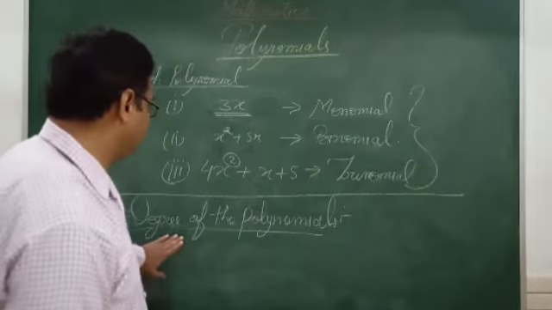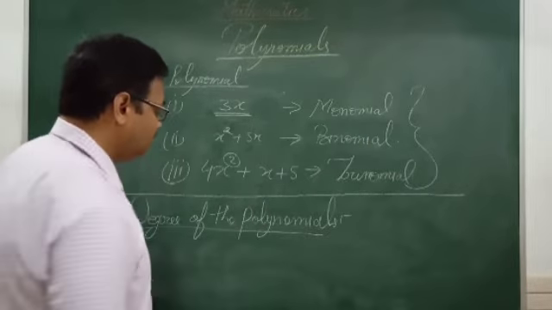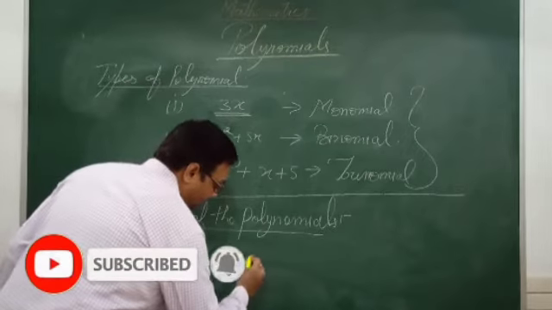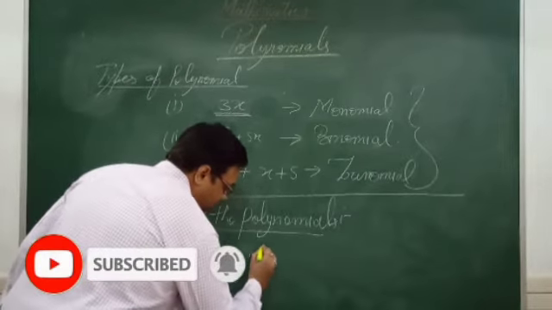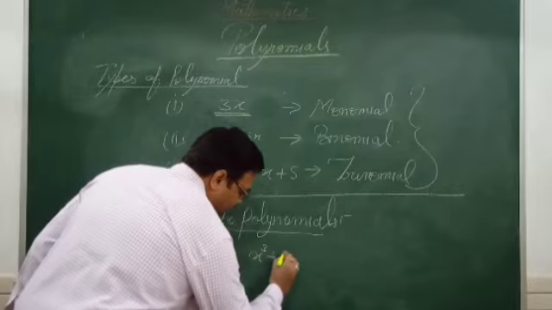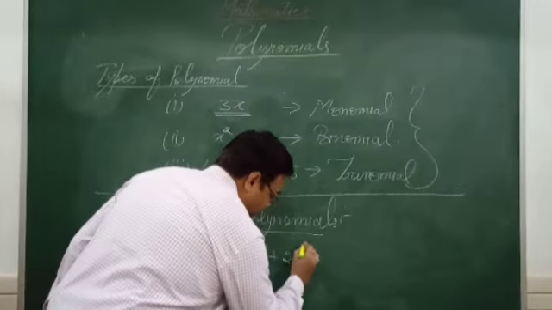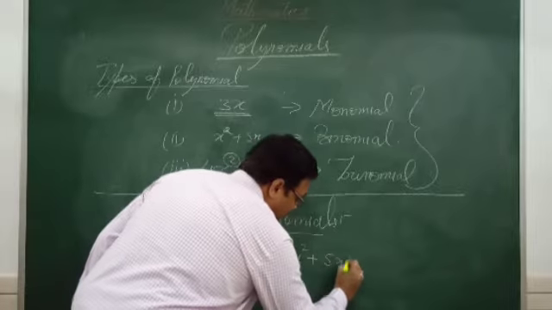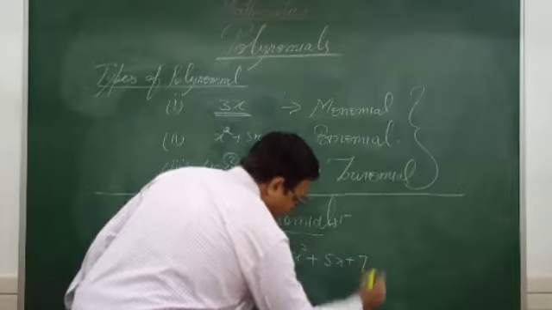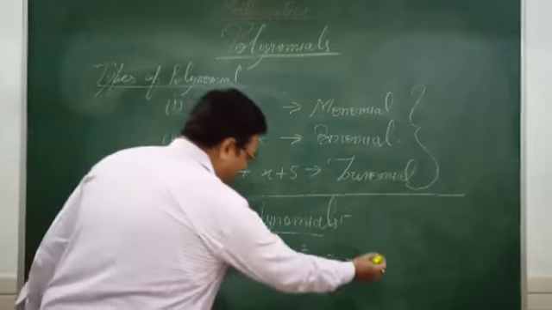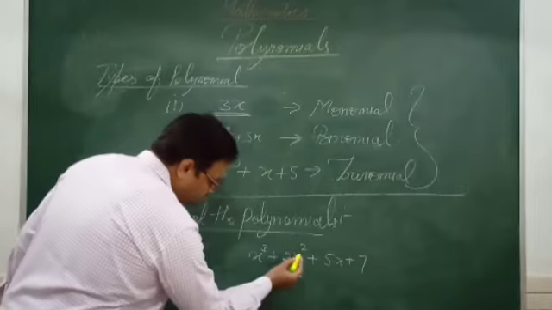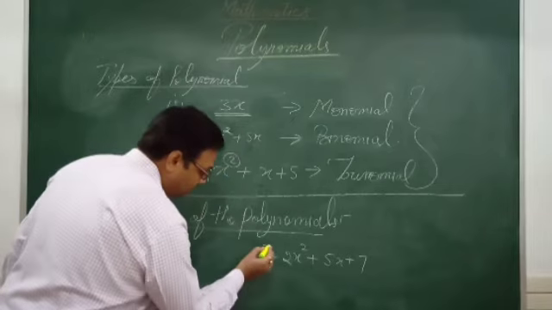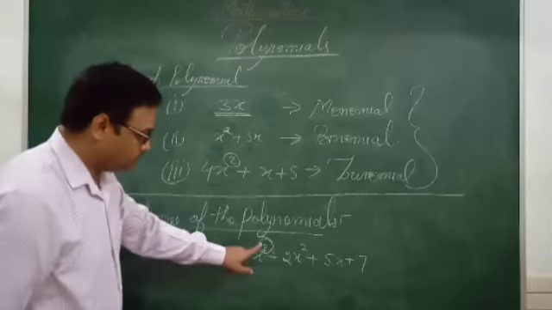So students, the degree of the polynomial is the maximum power in the polynomial. Suppose x cube plus 2x square plus 5x plus 7 is given. Here you can observe that x has different powers in this polynomial and the maximum power is 3.